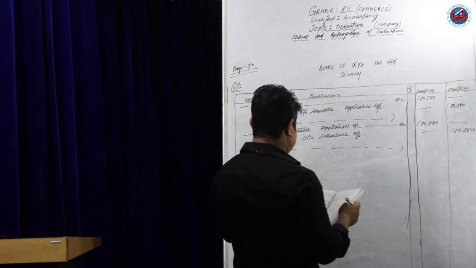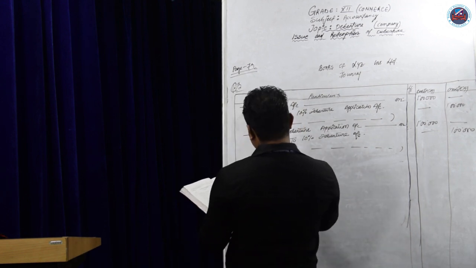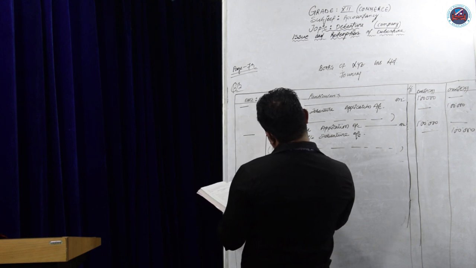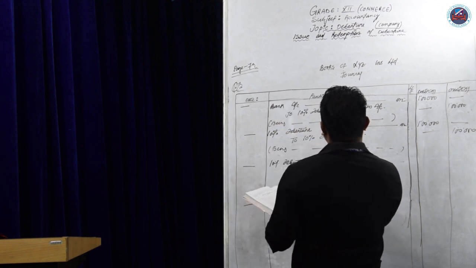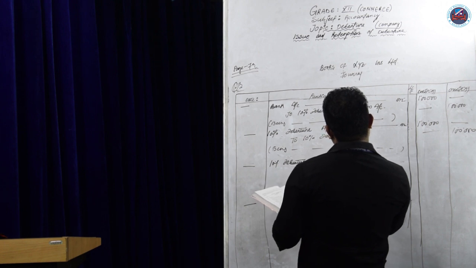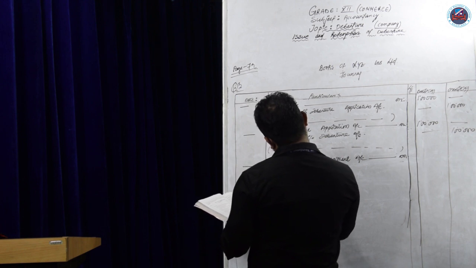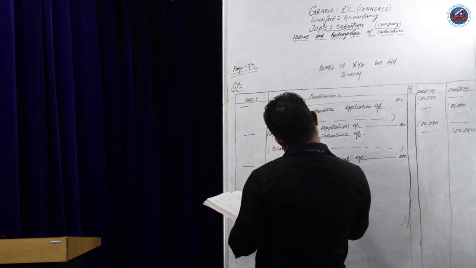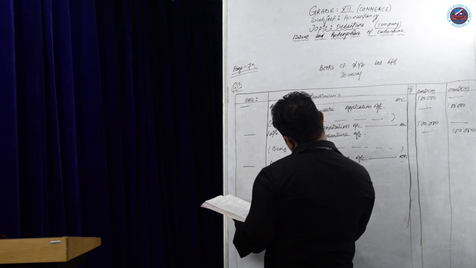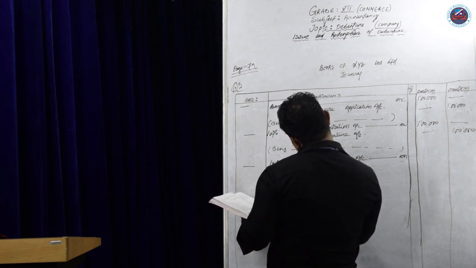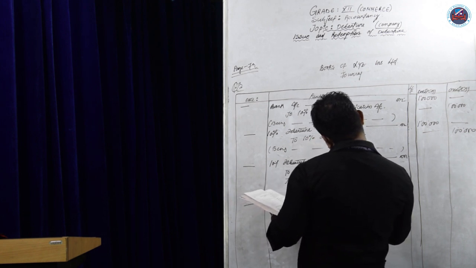Allotment includes premium because 60 rupees is there. So how will we give the premium entry? Right here, 10% debenture allotment account debit to 10% debenture account, to securities premium account.